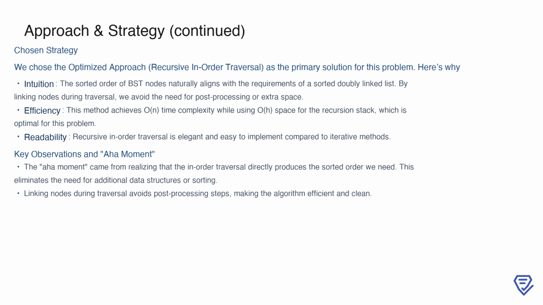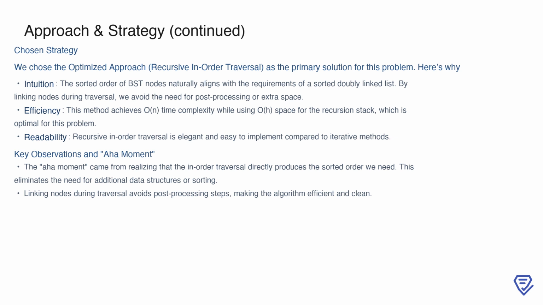This method aligns perfectly with the requirements of the problem. Since the in-order traversal naturally visits nodes in sorted order, it allows us to efficiently construct the doubly linked list in place. The elegance of this approach lies in its simplicity and efficiency. It achieves O(n) time complexity and O(h) space complexity, which are optimal for this problem.